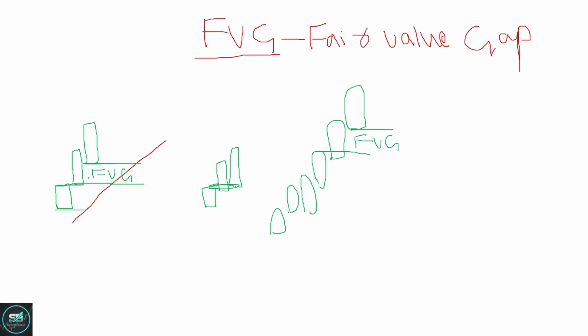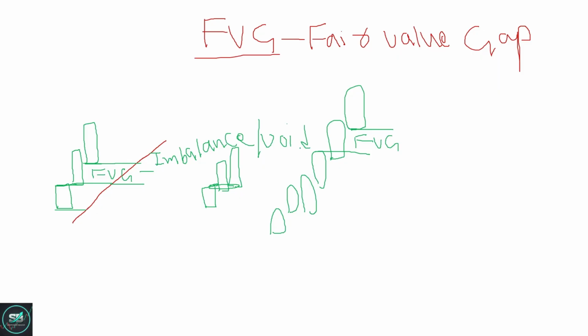If there is a gap between these two, then that gap is considered a fair value gap, and this is called an imbalance zone. This also can be called a void, an imbalance zone or void.